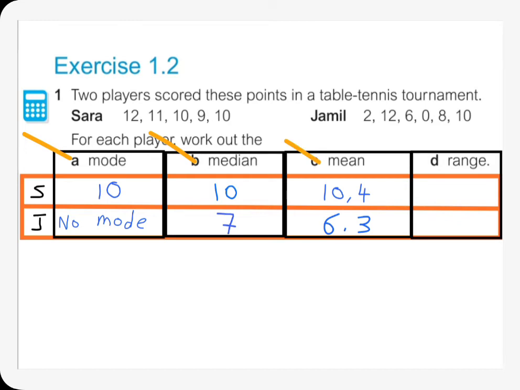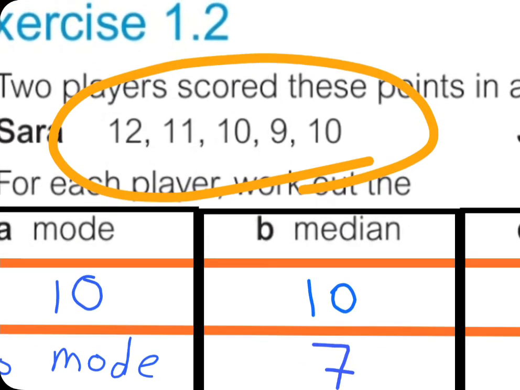Now, the last thing is the range, which is very easy. The range is you find the highest data and subtract the lowest data from it. You subtract the highest and the lowest data from each other. For example, for Sarah here, what's the highest part of data here? Very good.